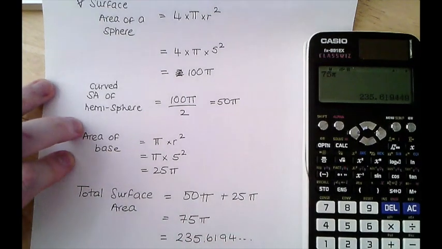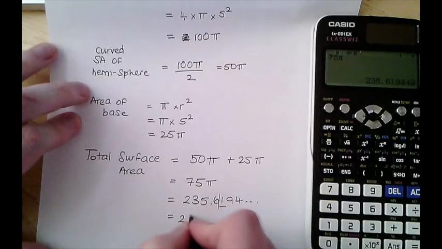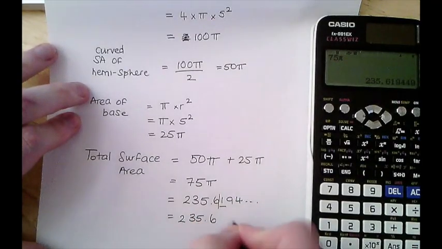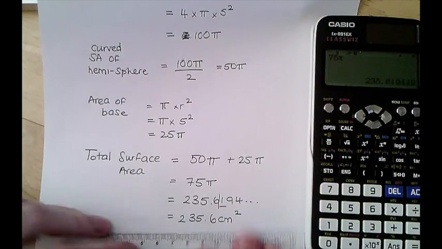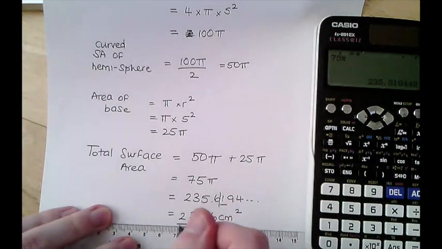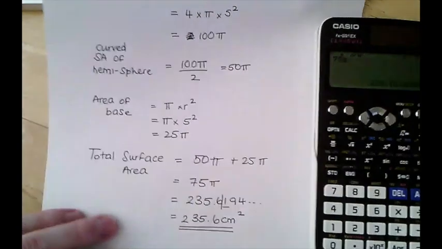So to one decimal place is 235.6 centimetres squared, because it's an area. And that's it.